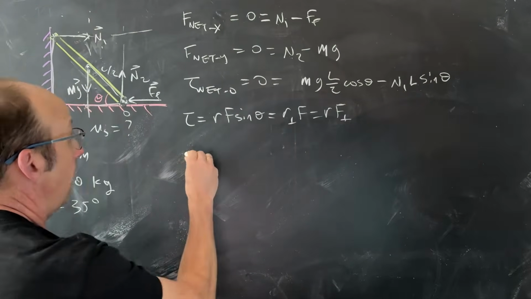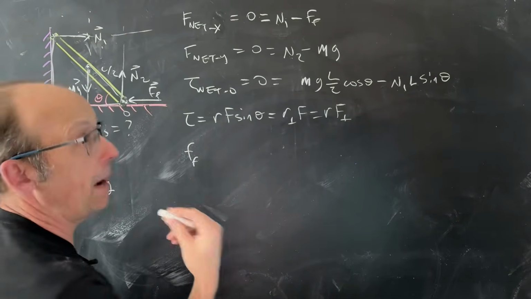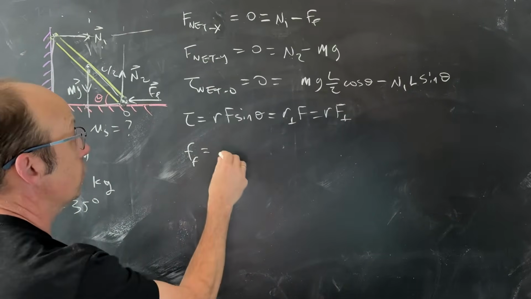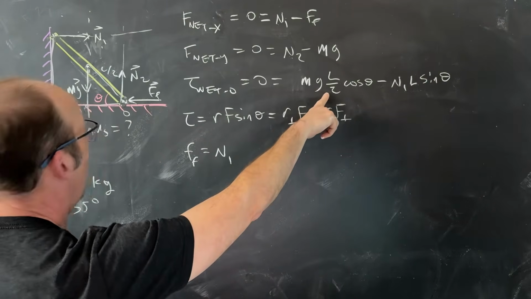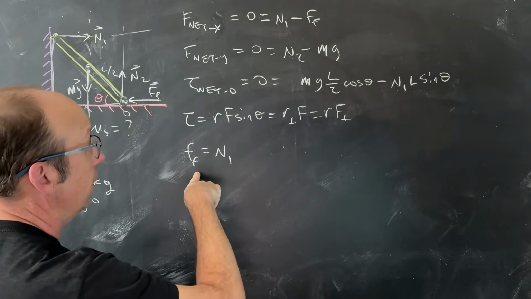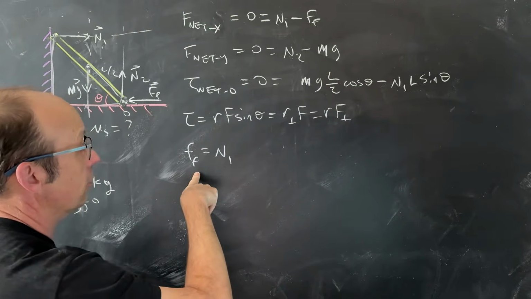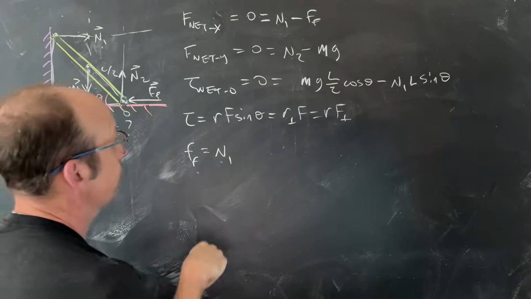So up here, I get the frictional force, and we're talking about the minimum frictional force, or the maximum coefficient of friction, is equal to N1. That's pretty easy. Now, I need to get this in terms of m, L, g, and theta.